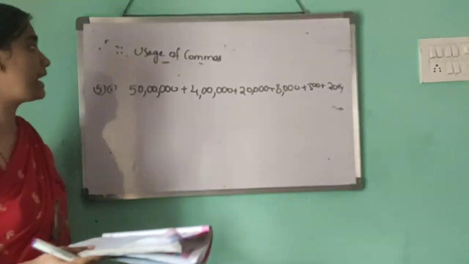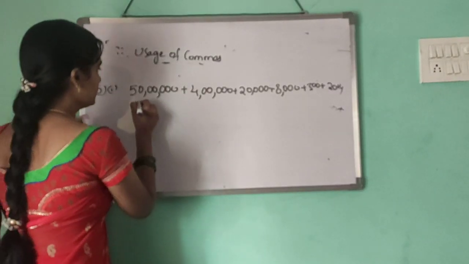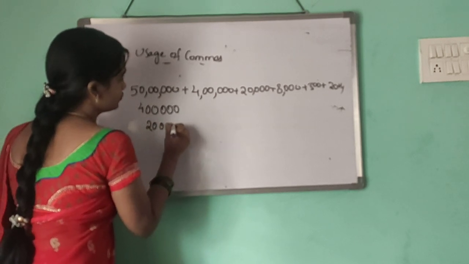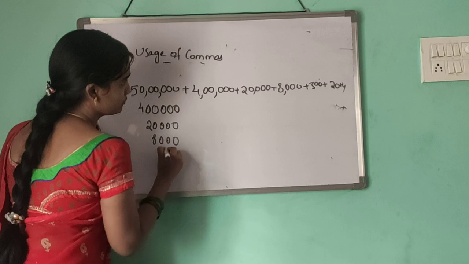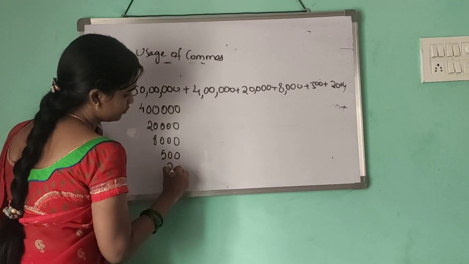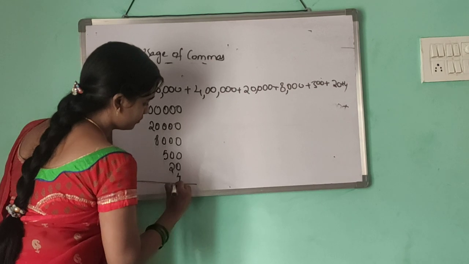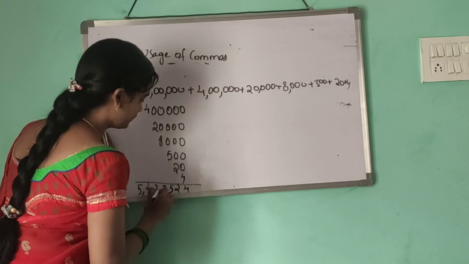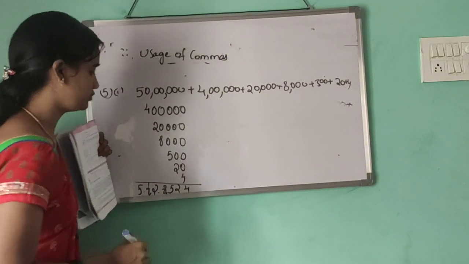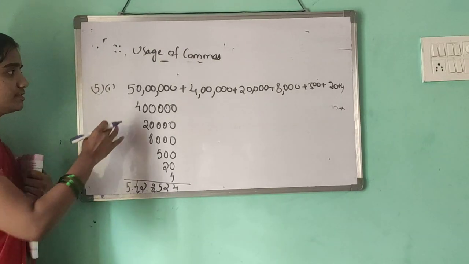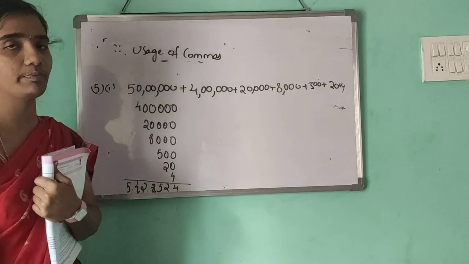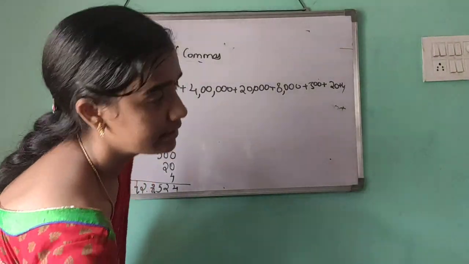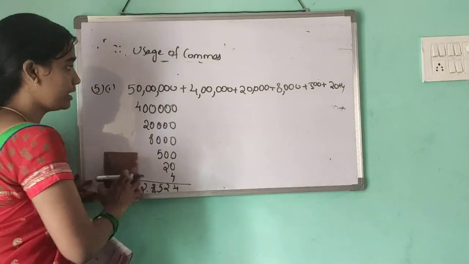Writing the short form means adding these numbers, and we get the short form. 4, 2, 5, 8, 5, 2, 4. So 54 lakhs 28,524. This is the expanded form; wherever plus additions are given, write the short form. By adding these numbers, we get a value, which is the short form of the given number.